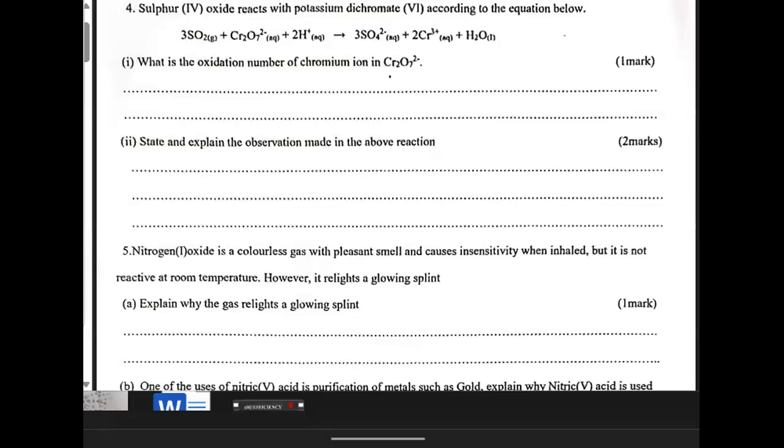The reason for that is that the dichromate 6 will be reduced to chromium 3.